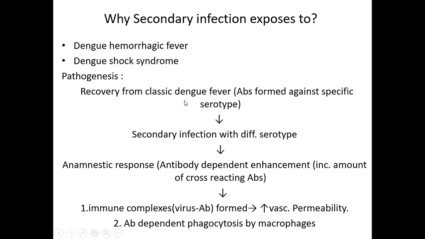On recovery from classical dengue fever, antibodies are formed against that specific serotype. When a secondary infection occurs with a different serotype, there is exaggerated antibody formation, and this response is called the anamnestic response.